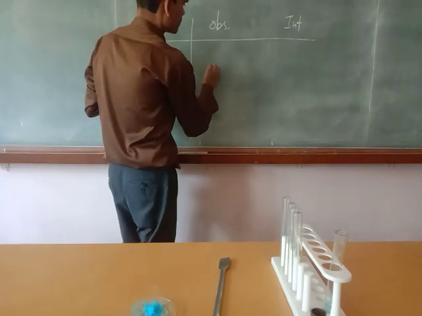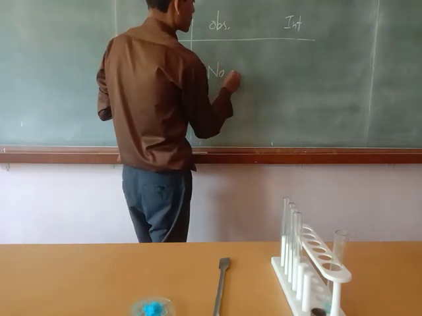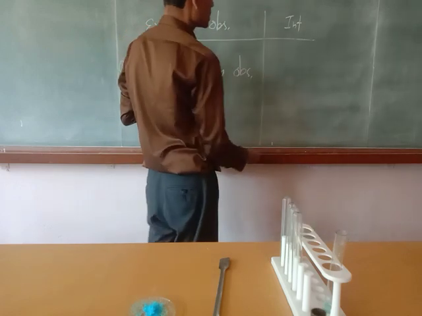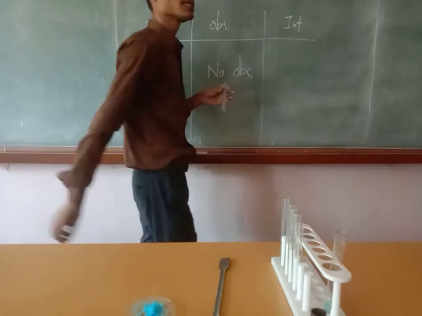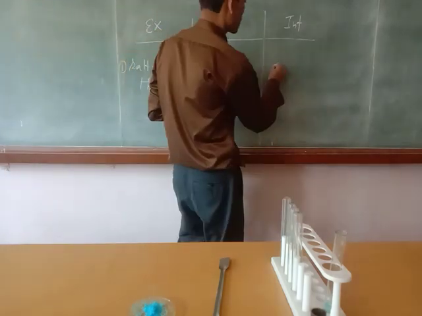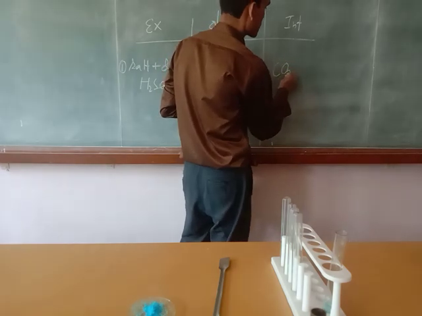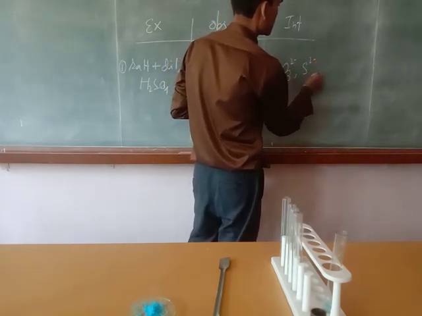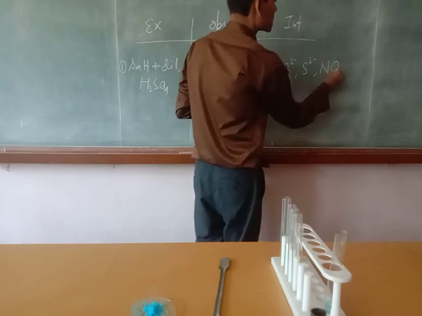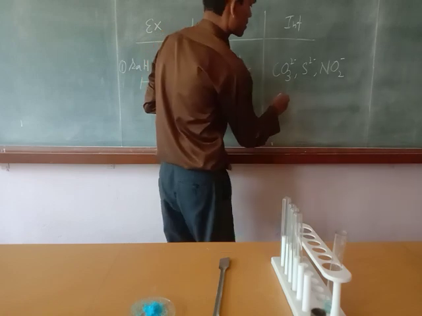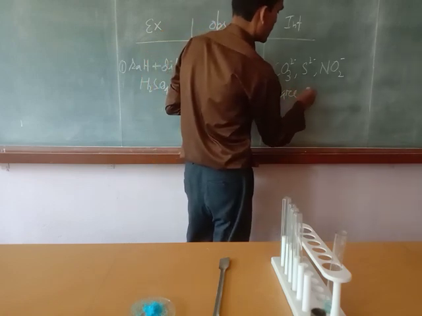So simply here you write no observation, no obs. In inference, all the radicals in dilute sulfuric acid group are absent. Here you write carbonate, sulfide, nitrite are absent.